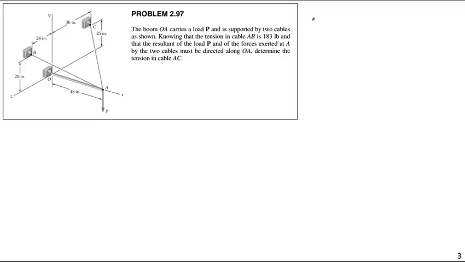So I know that the magnitude of FAB is 183 pounds. Since I know the dimensions of the vector, I'll have no trouble finding the X, Y, Z components of that force.